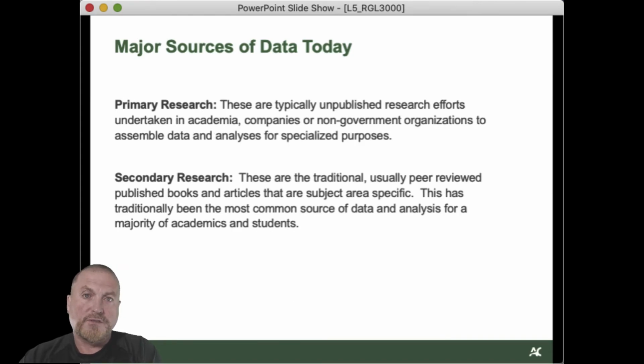Then, of course, there's just simple primary research, right? These are research institutes that do studies on an ongoing basis, or universities or labs or colleges that do research on things, and they release them as primary research papers or discussion papers or white papers or whatever. Lots of really good information can be found in those, which are not the traditional academic publishing route, right?